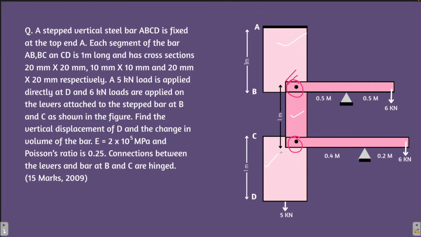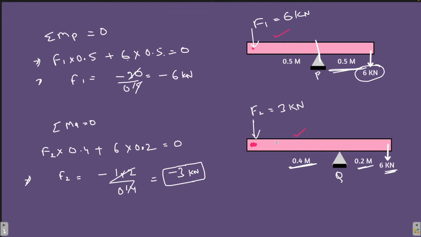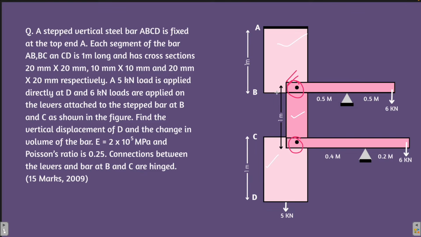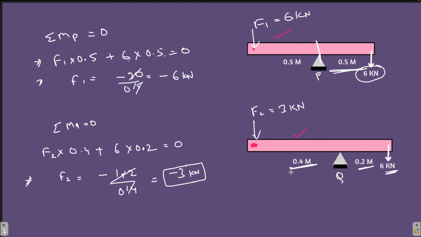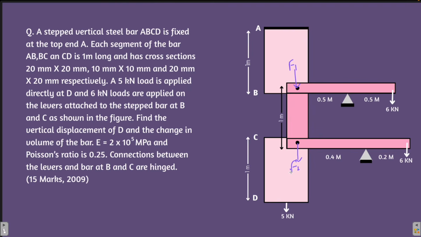F1 is the force acting at this hinge in the downward direction, and F2 here in the downward direction, right?